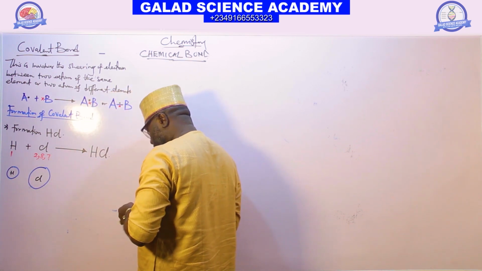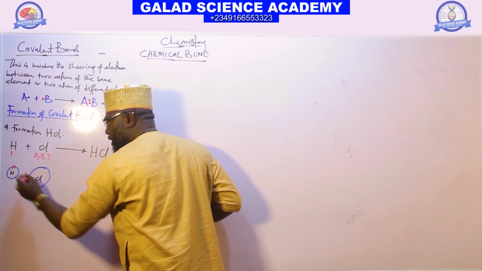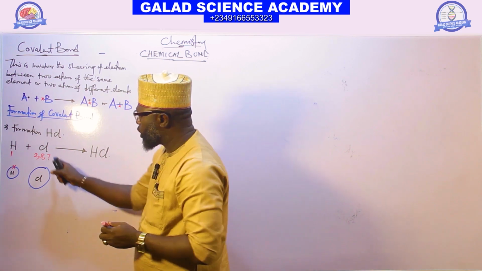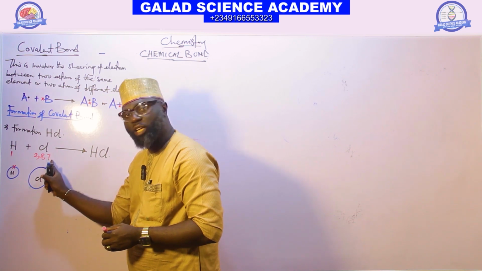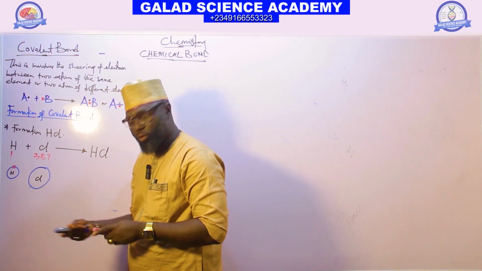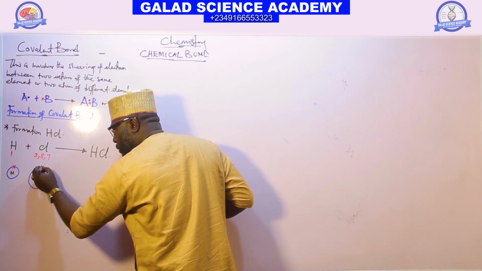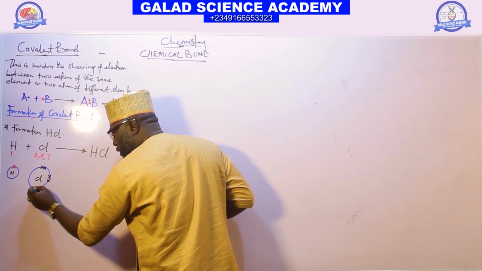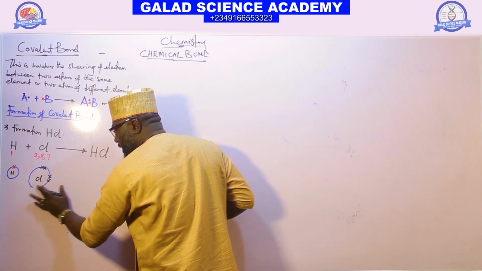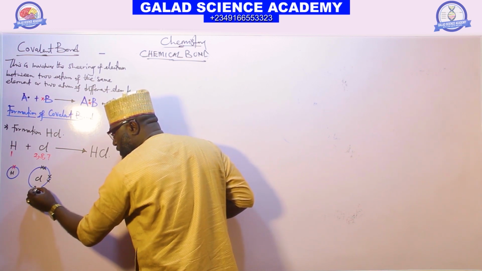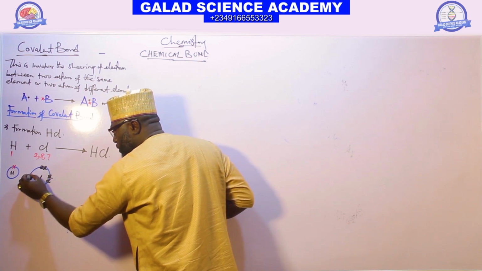For hydrogen, I will write 1 electron here. For chlorine, I will write the shell that shares electron alone, which is 7: 1, 2, 3, 4, 5, 6. I don't like it in that way, so let me use E to represent the electron.